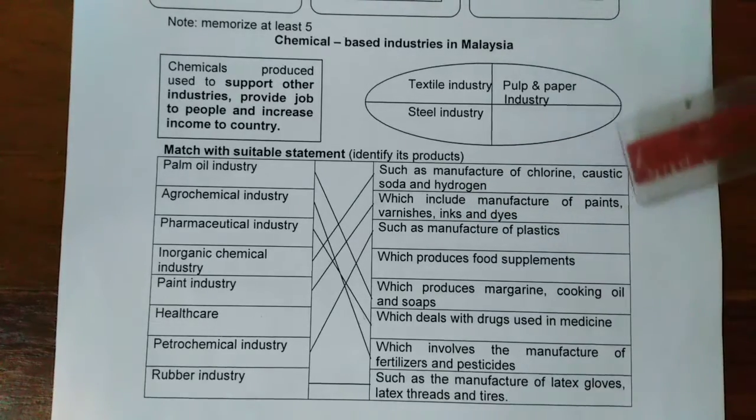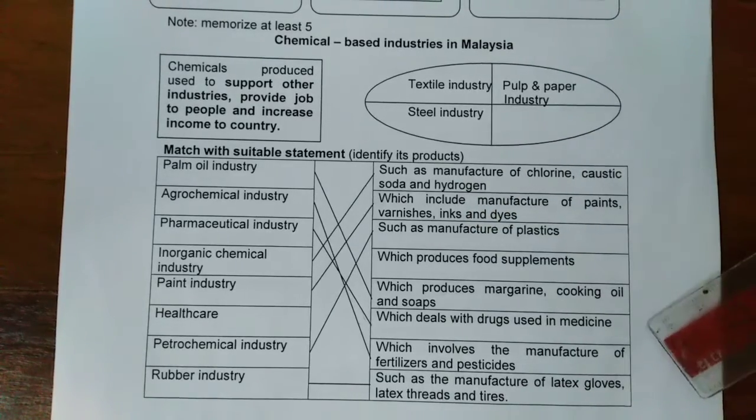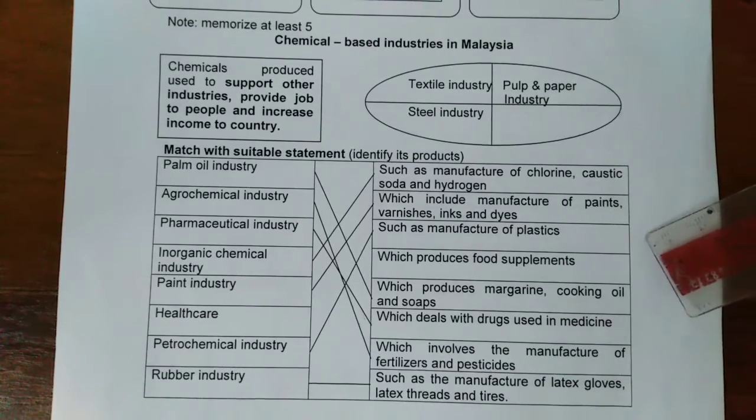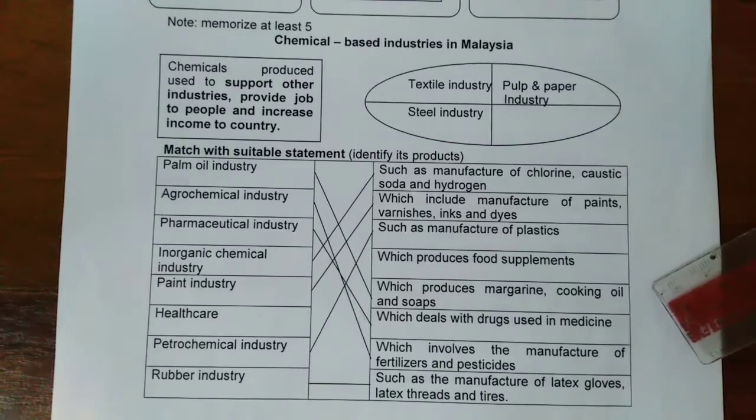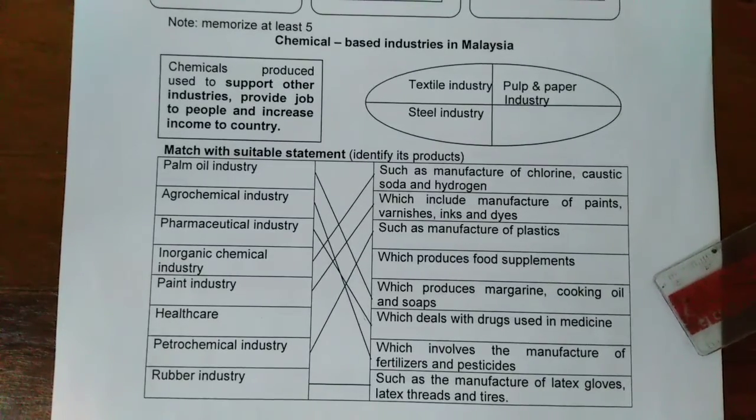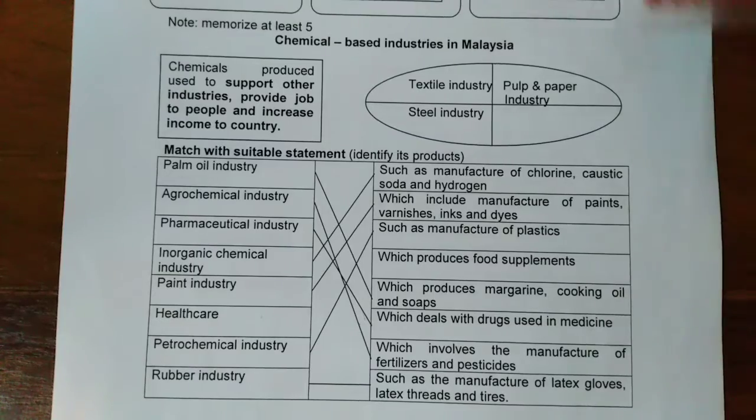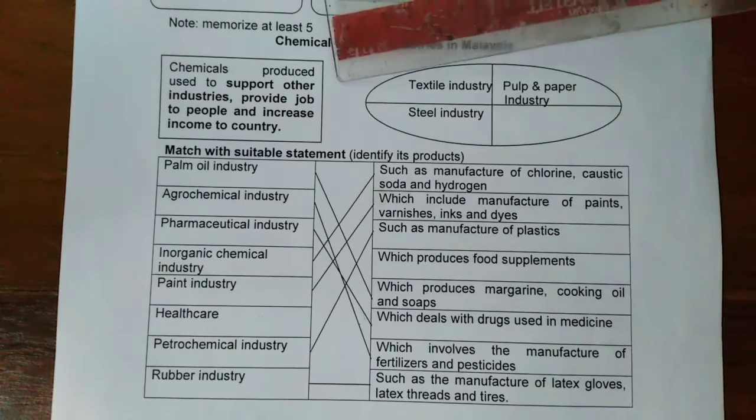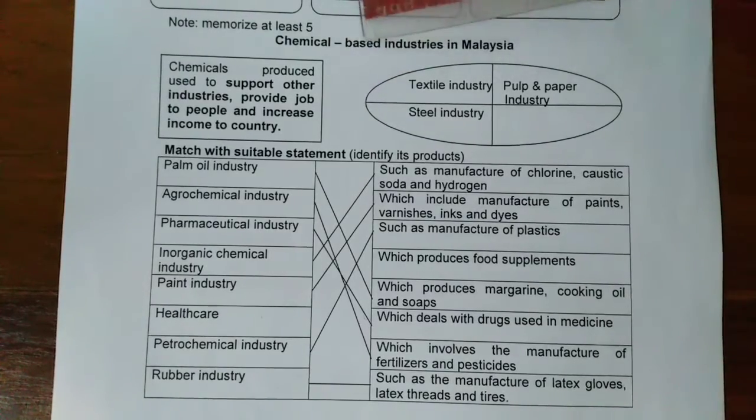So from the many examples here, I suggest you try to memorize 2 to 5 examples of chemical-based industries and match them with their manufacture or their product. Okay? About the contribution of chemical-based industries in Malaysia, we have 3 contributions.